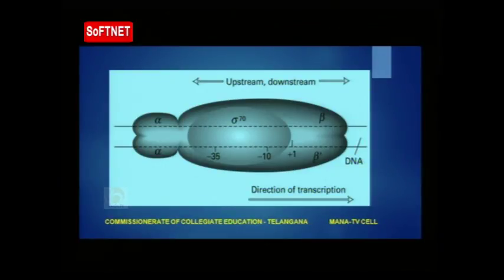But before the actual initiation of transcription, the core subunits of the RNA polymerase can also start the process of transcription. The core enzyme is the one having 4 subunits: 2 alpha, 1 beta, beta prime.